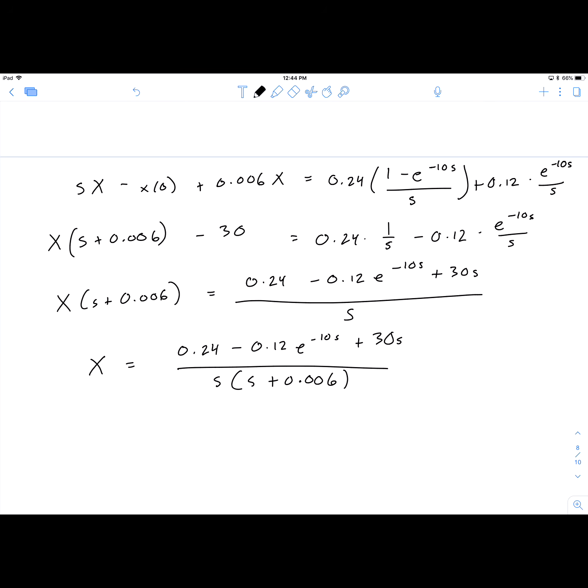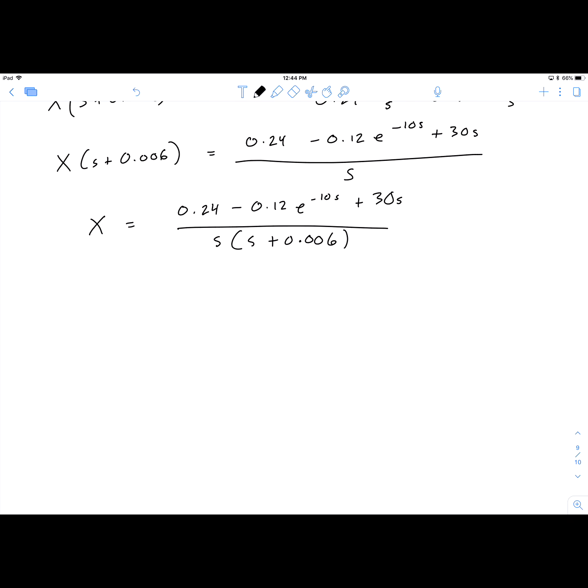All right, and then to break this down, we're going to do the partial fraction problem on this. So doing the partial fraction decomposition, all of this is going to equal A over s plus B over (s plus 0.006).